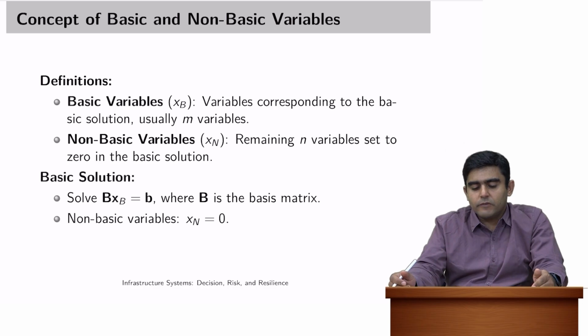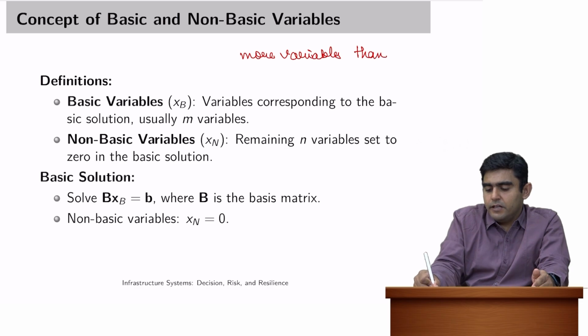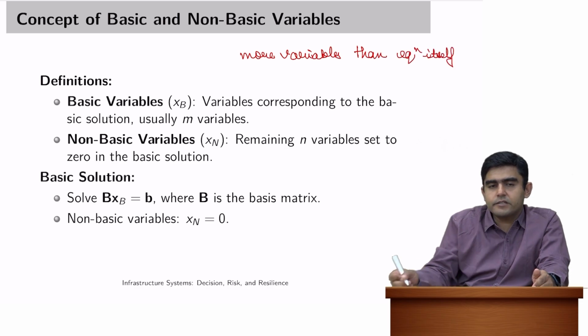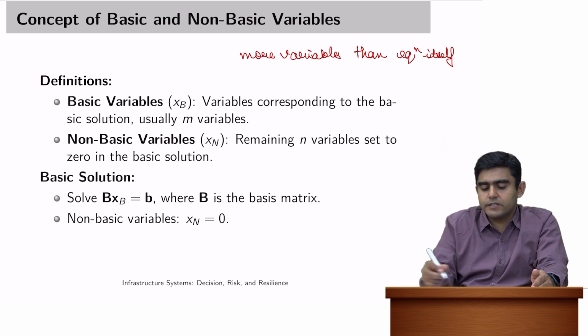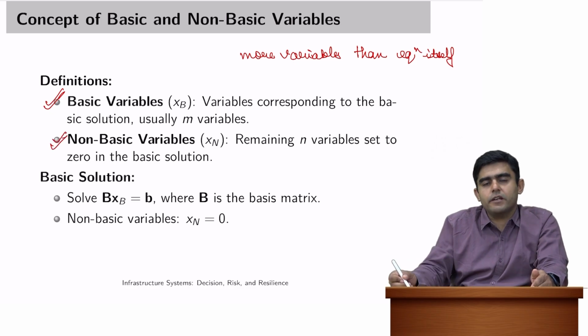So what we do is that if we are dealing with more variables than equations, and we are interested in the solution, we select certain variables as basic variables and certain variables as non-basic variables.